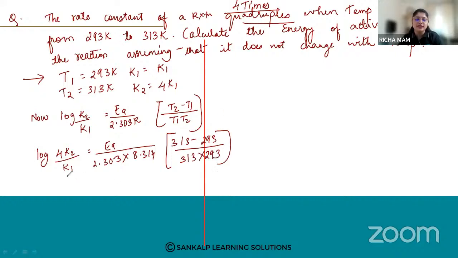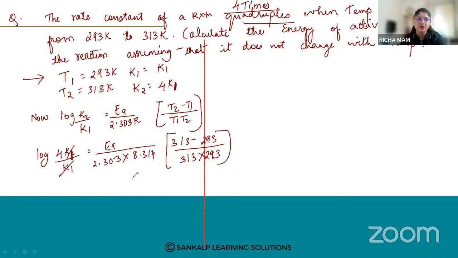K2 is 4 times K1, so K1 and K1 get cancelled. What is log of 4? Find out.